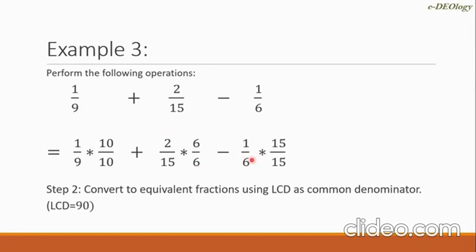This number 6, we will multiply by 15 to get 90. So the 10 here, there must be a 10 also in the numerator. Here 6 in the denominator, another 6 in the numerator. Here 15, another 15 in the numerator.